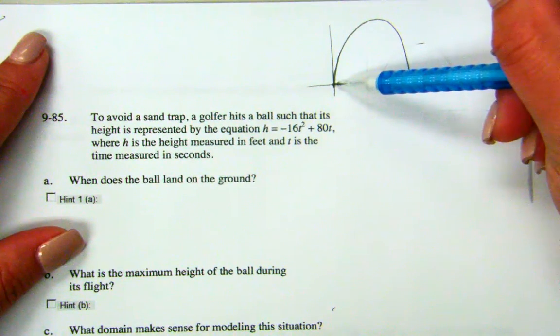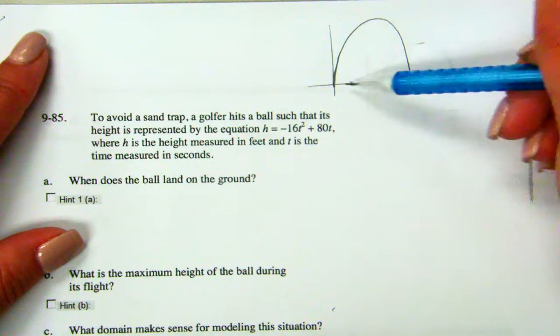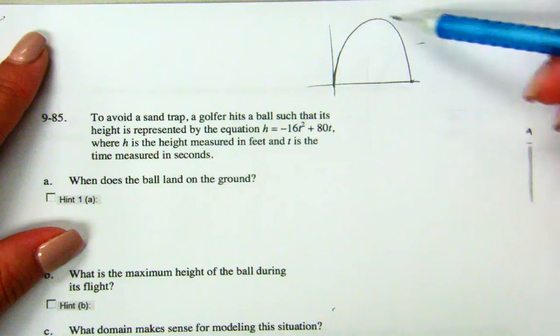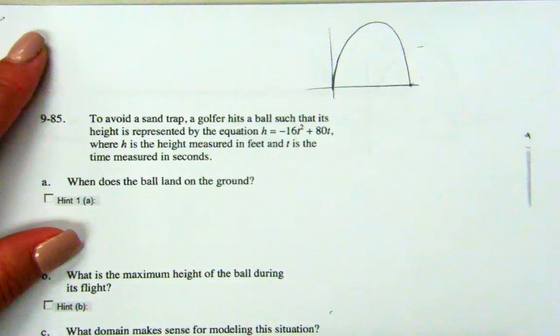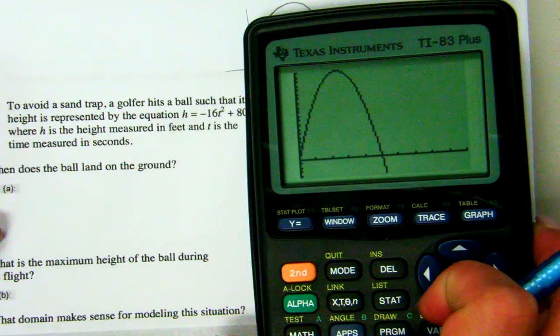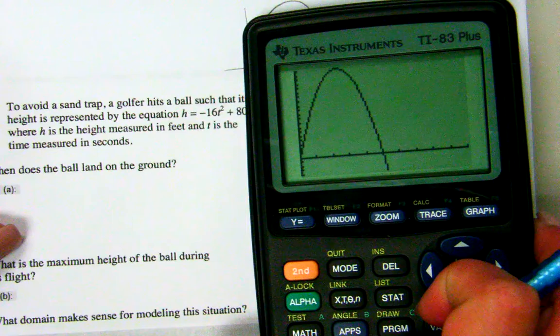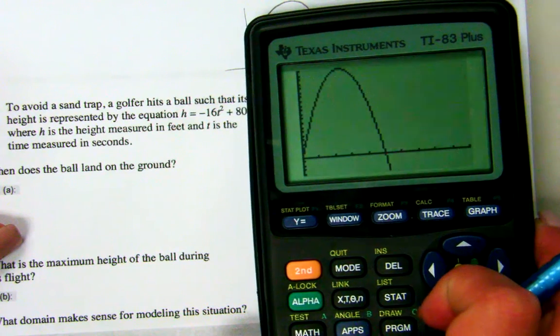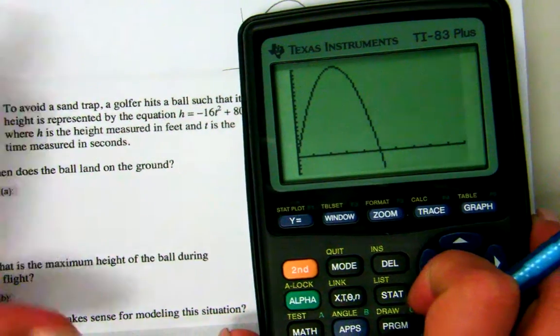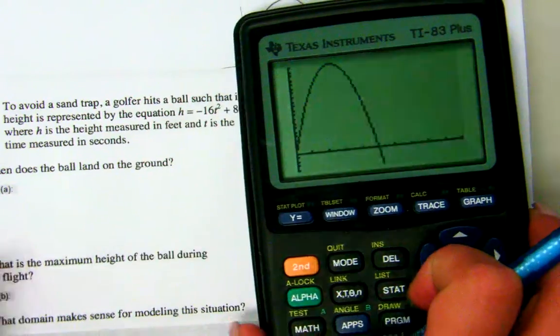And it really started at 0 from where you hit it because the golf ball was on the ground. It goes in the air, comes back down and hits the ground. So the graph on here may be a little bit different, but the reality is the ball isn't going to go underneath the ground. It's just pretty much going to stop when it hits the ground.